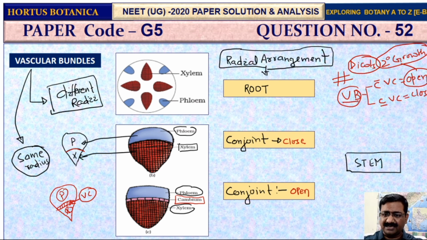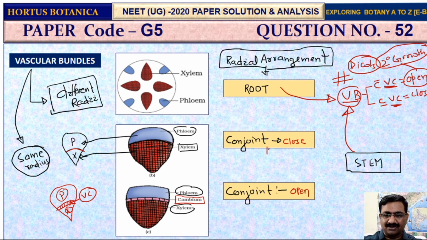So the vascular bundle of a root may also be open with the presence of vascular cambium. The vascular bundle of a stem may also be open with the presence of vascular cambium, or closed without vascular cambium, isn't it? So it is clear, the question is given that it is closed. Closed means there is usually no chance of secondary growth.